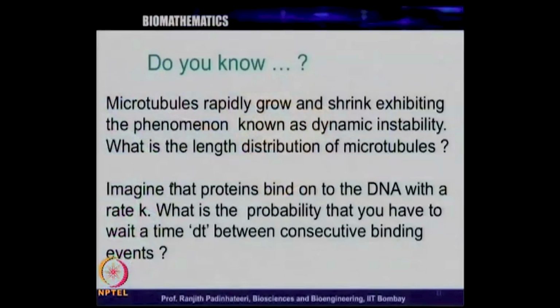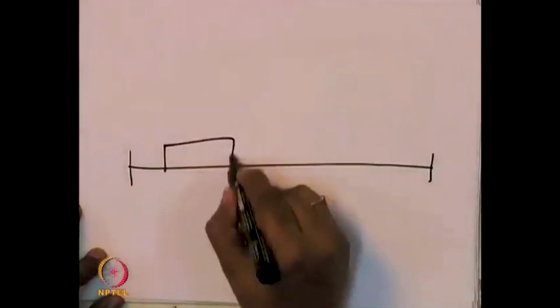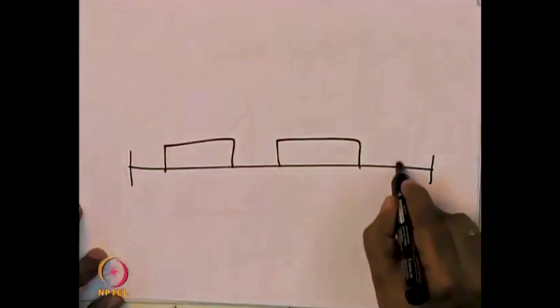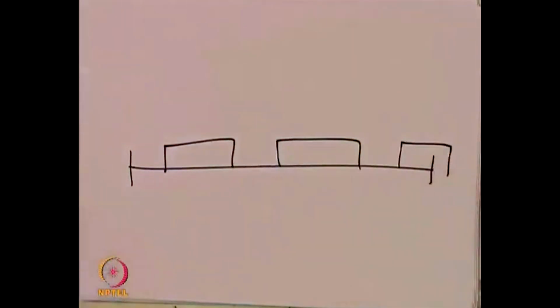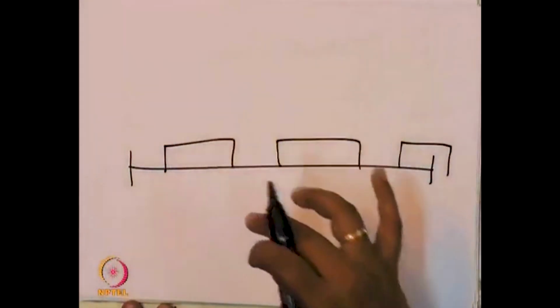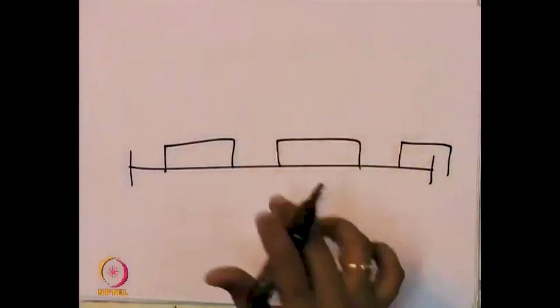So, consider this example: let us imagine that you have proteins binding onto DNA. Consider DNA here. Look at this paper, and imagine DNA, and let us say proteins randomly bind onto this DNA, and you ask the question: let us say one protein binds, how long do you have to wait for the next protein to bind?